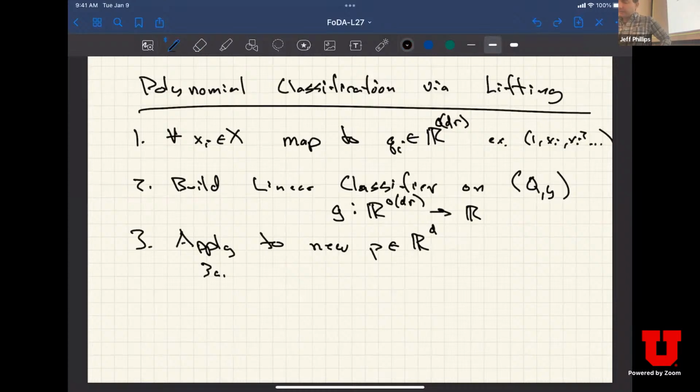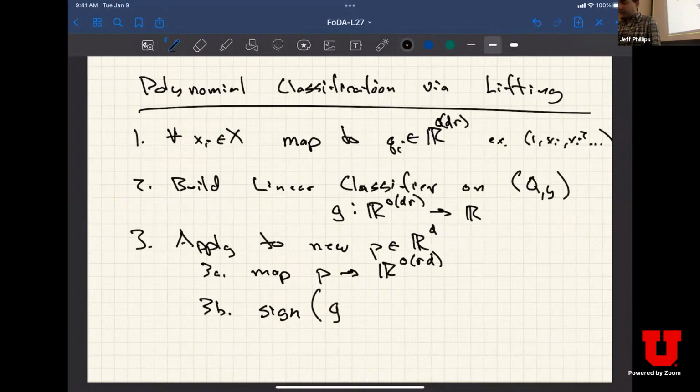So I'm going to find this function, and then I map p into this higher dimensional space. Then I take the sign of g of q of p.